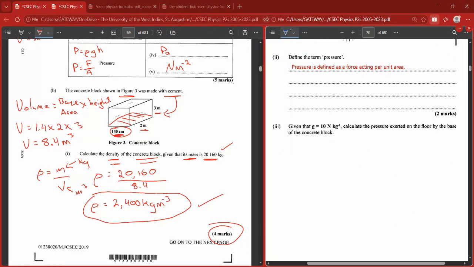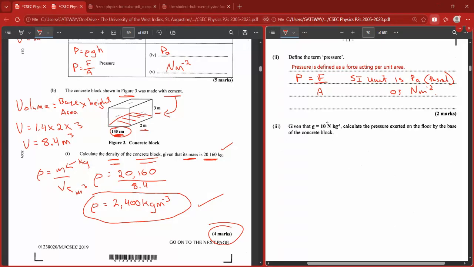So I'm going to have pressure is equal to F all over A. The SI unit is Pascal, or Newton per meter squared.